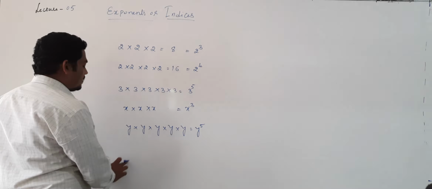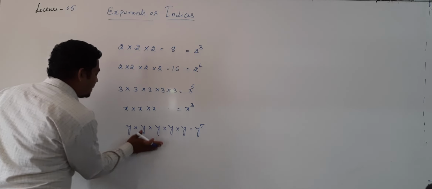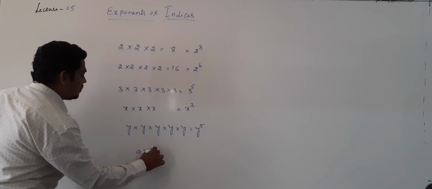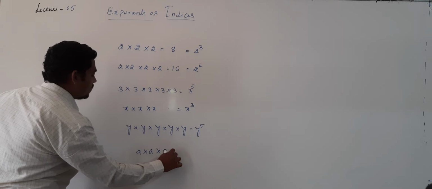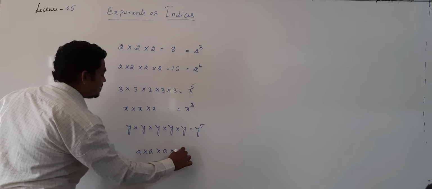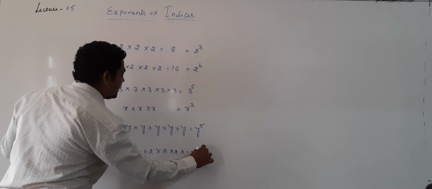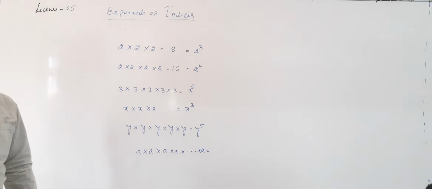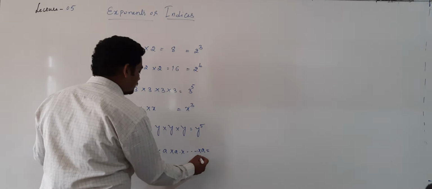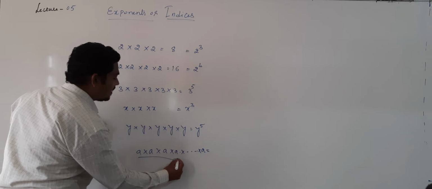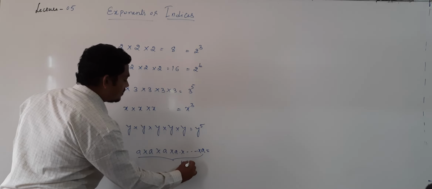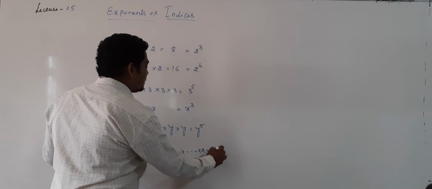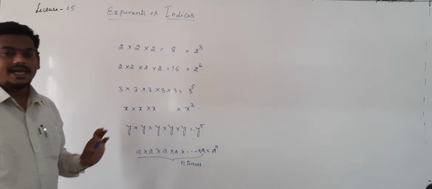Next, a into a into a into a and so on into a. In this case, a is repeated n times, which means it will be a power n.